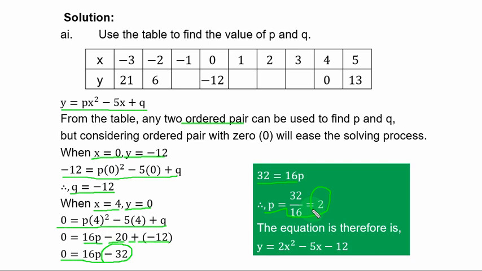that is 2. So therefore, the complete equation is y equal to ps squared, that is 2 now, minus 5s plus q, and q is minus 12. So you have y equal to 2s squared minus 5s minus 12 as the complete equation.